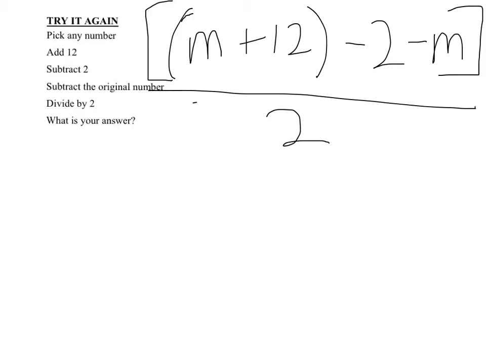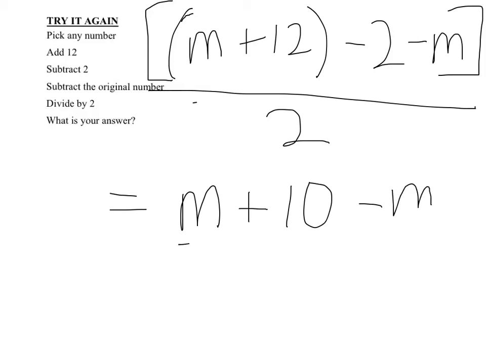Okay, so the first thing we have is m plus 12. We don't know what m is right now, so we can't simplify that. So we move on to the next thing, which would be m plus 12 minus 2, which will give us m plus 10 minus m, still all divided by 2.